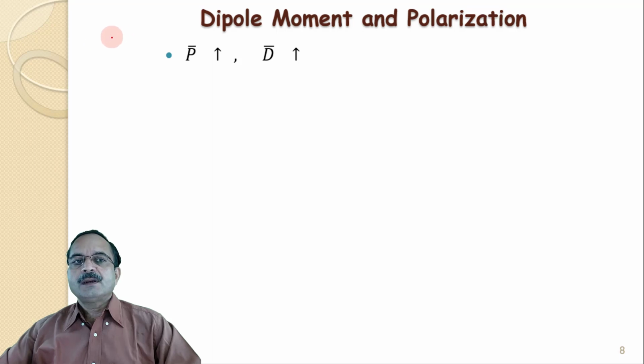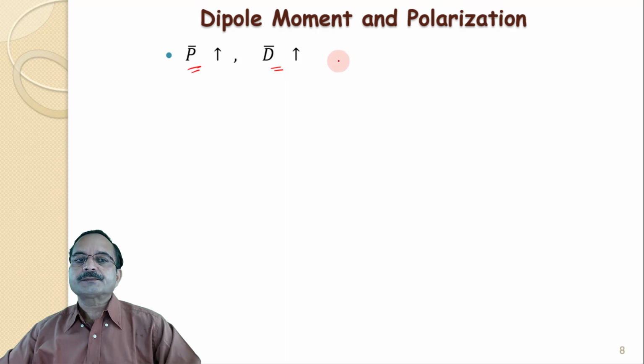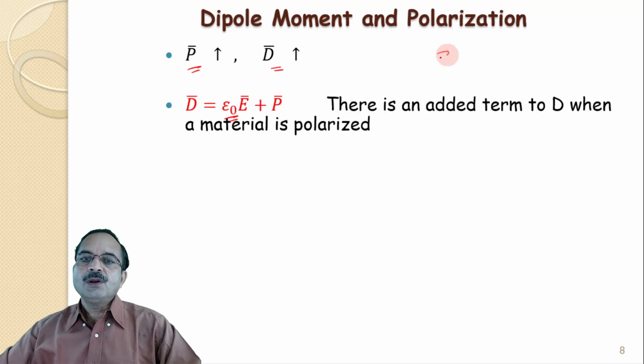Now, the purpose of discussing polarization is to find out its effect on the electric flux density. As the polarization in the material increases, the electric flux density is going to increase. We know the electric flux density D is epsilon 0 E. For a given electric field intensity, this is the electric flux density produced.